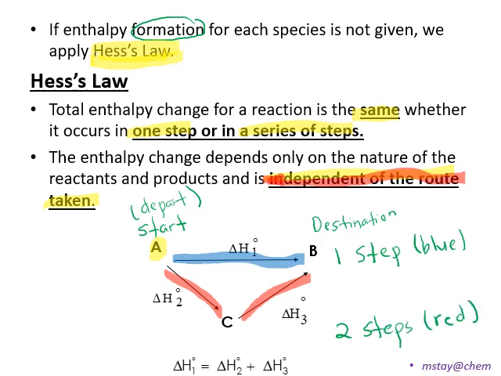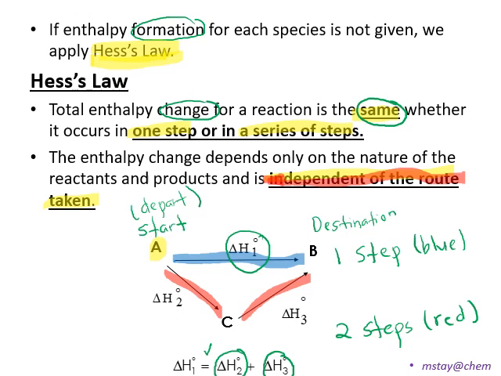No matter whether it is one step or two steps, the enthalpy change is supposed to be the same. Simply put, the enthalpy change for H1 equals the enthalpy change of H2 plus the enthalpy change of H3.